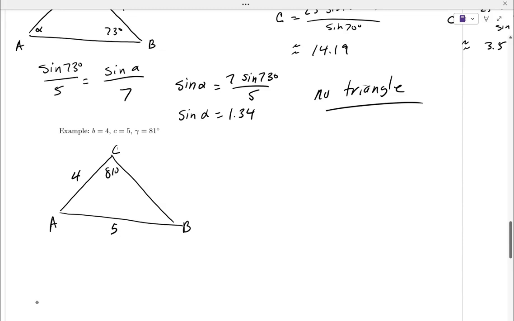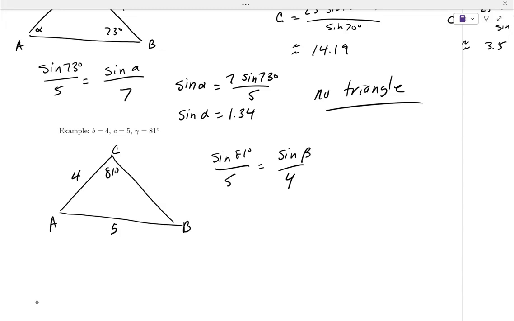So what is your ratio that you'll set up here? What's the ratio we'll set up? Good. Fantastic. Then again, we'll solve for beta.